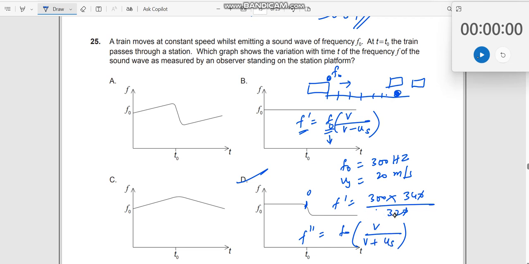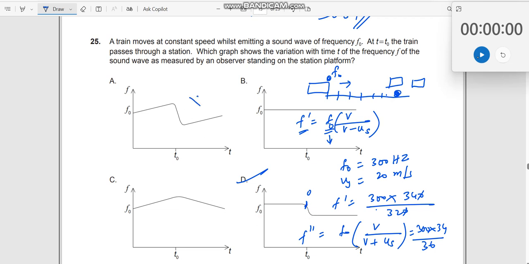So this is 340 plus 20, which should be 360. So it should be 300 into 34 divided by 36. The denominator increases. When the denominator increases, f double dash should decrease. So it's decreasing over here, and between them there's a smooth transition. So you get a graph like this.